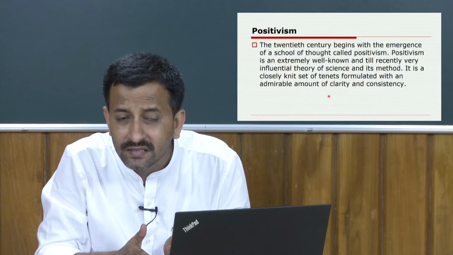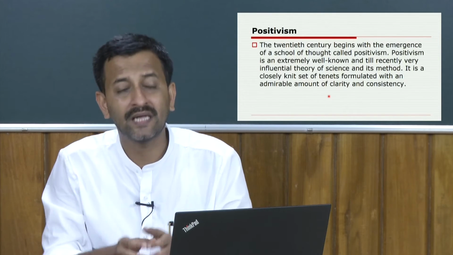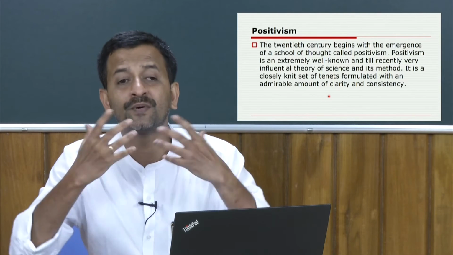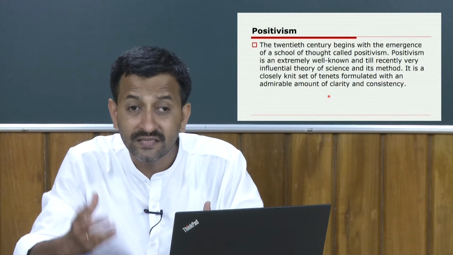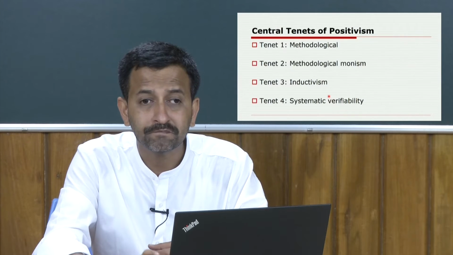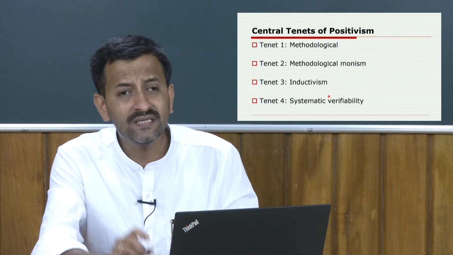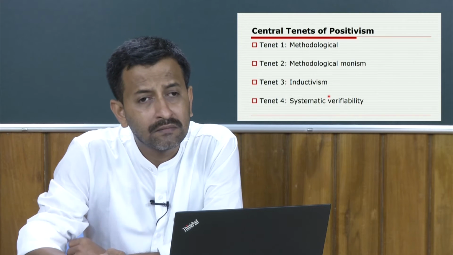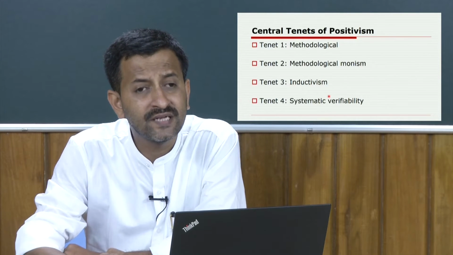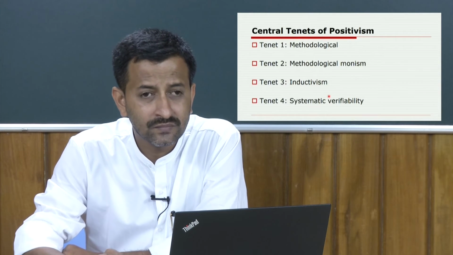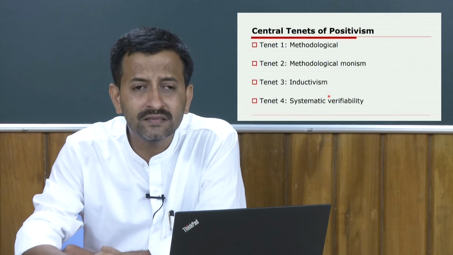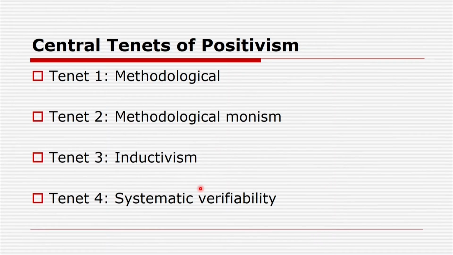But now we will see positivism as a method of science, as a method to generate knowledge, as a method to produce knowledge. This is very important. If positivism even today is a very important method to produce scientific knowledge, then what are the central characteristics? What are the central tenets of positivism?